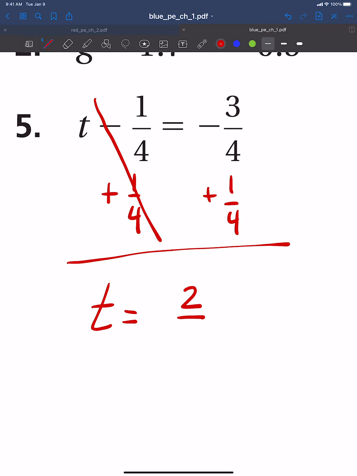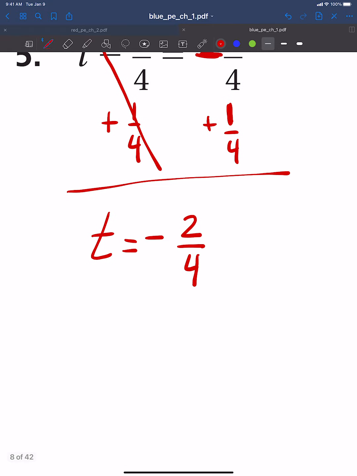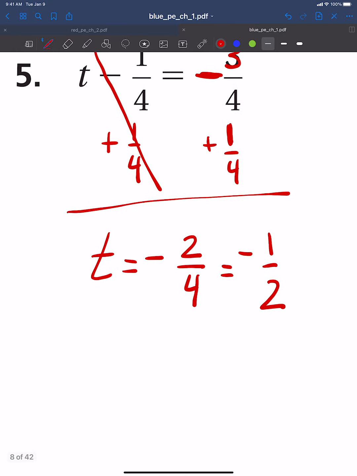Keep your denominator. Who's the bigger number? 3 is bigger than 1. 3 happens to be negative, so we're going to keep it negative. We always reduce. 2/4 is the same as 1/2. Keep that negative though. t equals negative 1/2.